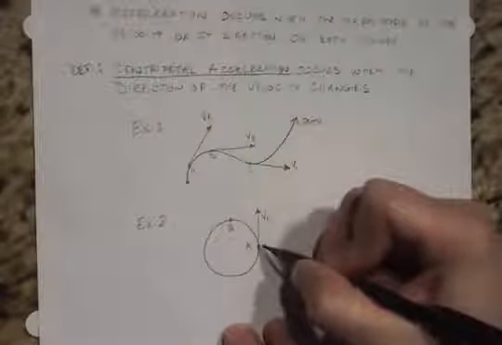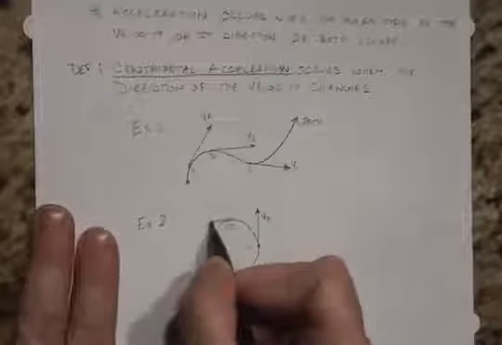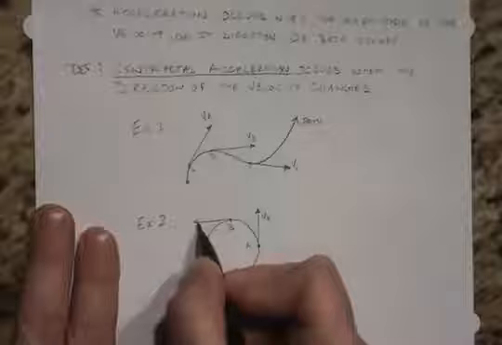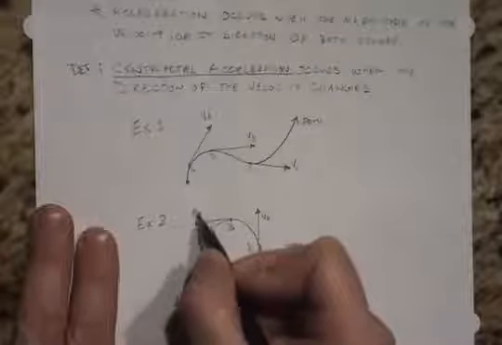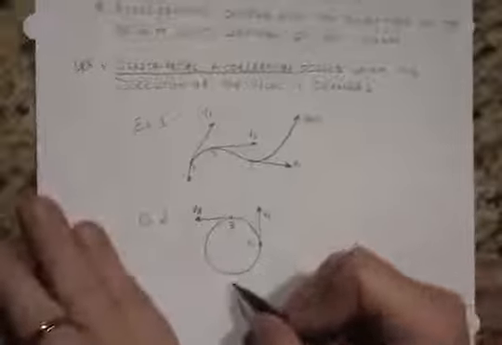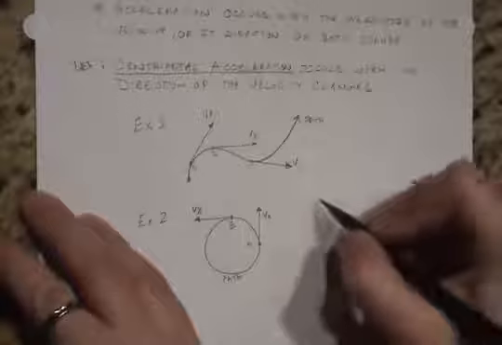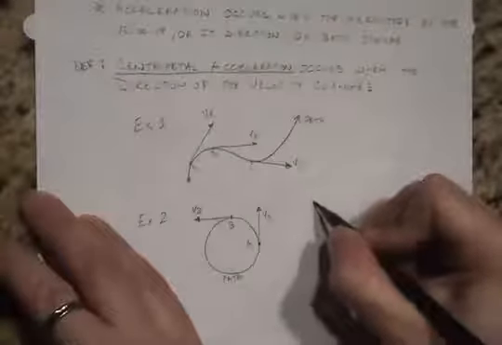So at this point, the velocity is pointing upward, but then later at point B, the velocity is pointing towards the left. And once again, the circle represents the path. So we should make a note here.